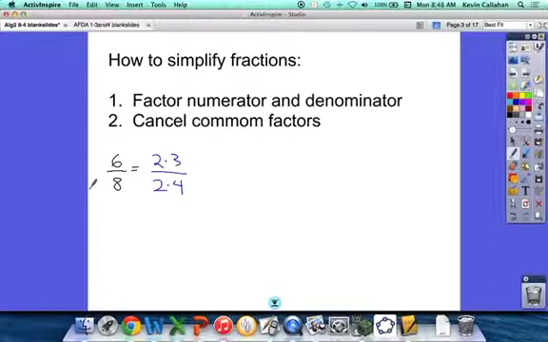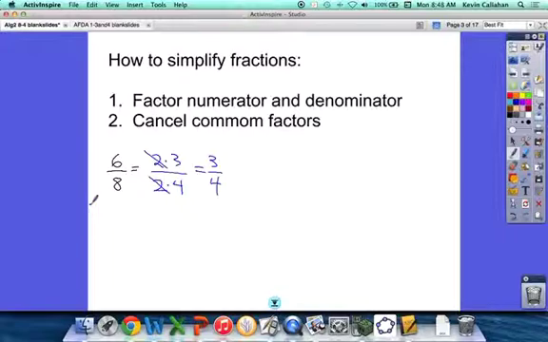Factors multiply, right? So since we have broken this out so that we can see a common factor of 2 in numerator and denominator, then we can cancel those and get a simplified fraction of 3/4. That's how you do it.